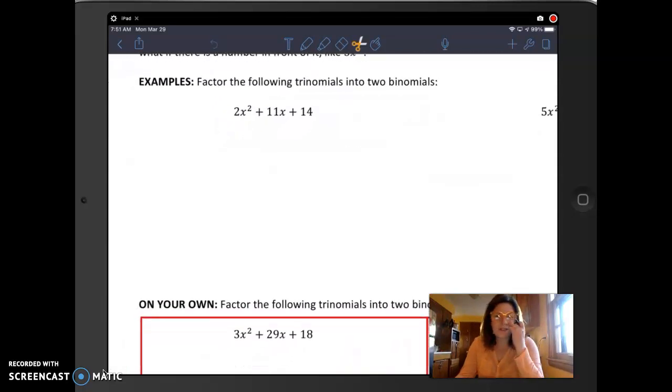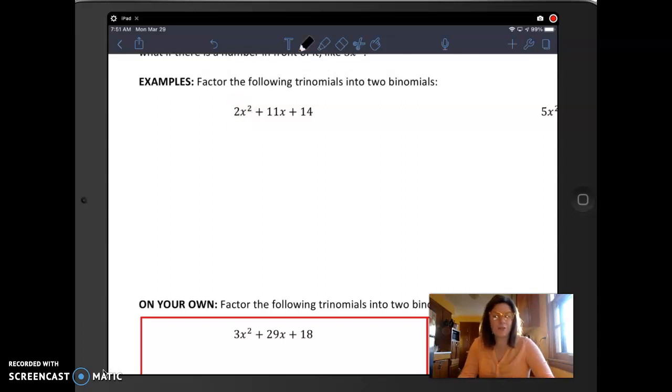So we're going to use a slightly different method for this kind of factoring because as you can see, this says 2x squared here. And usually when we're doing these kinds of factoring questions, it's only an x squared. And so what this means is that we need to think about it slightly differently.